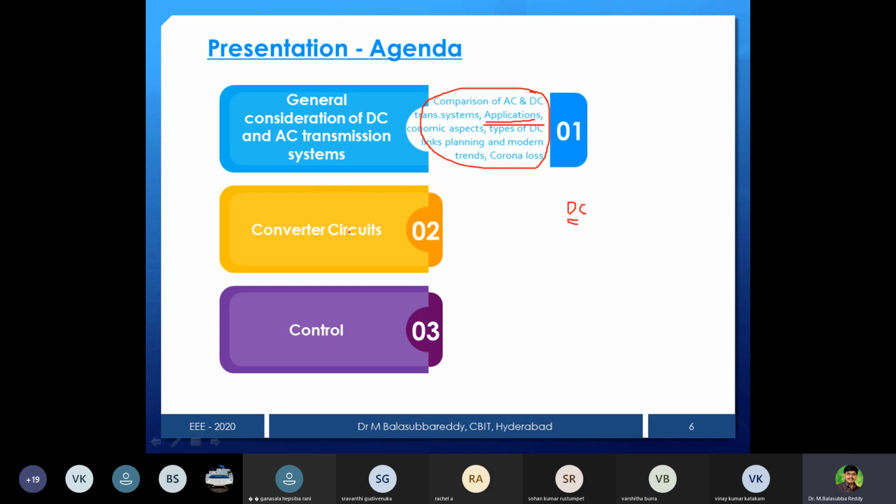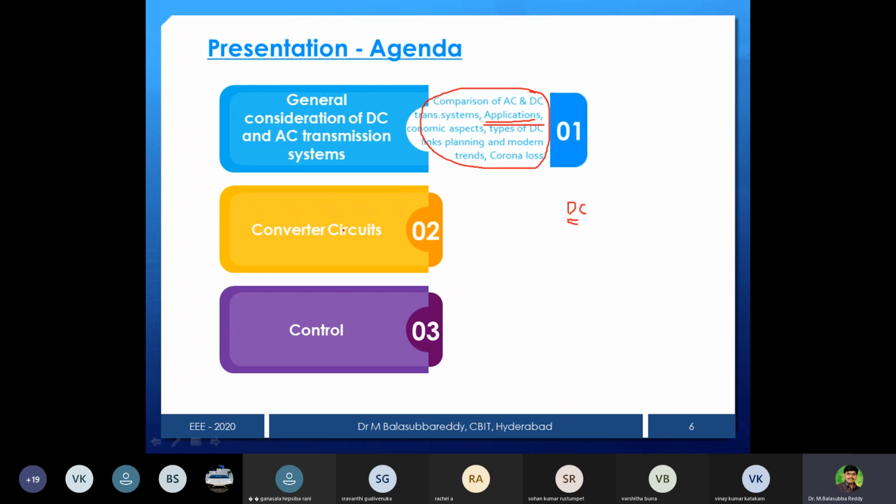They have 60 Hz frequency, and we have only 50 Hz frequency, so you cannot tie them directly. You would have to change the frequency or bring the frequency levels to the same value, and then only can you synchronize. Whereas on the DC side, they convert the power to DC there, and here also convert it into DC, and they can synchronize.